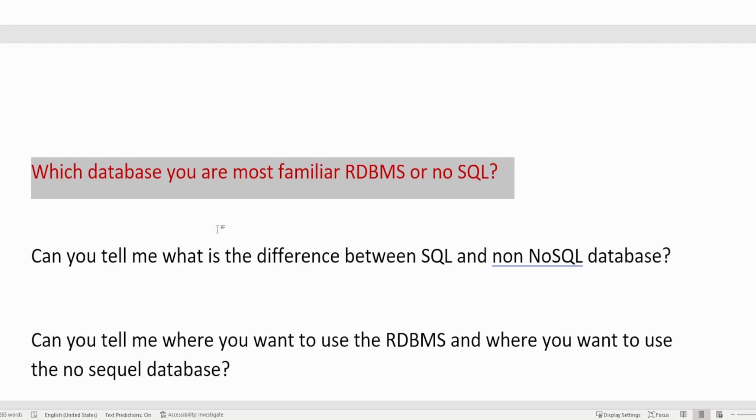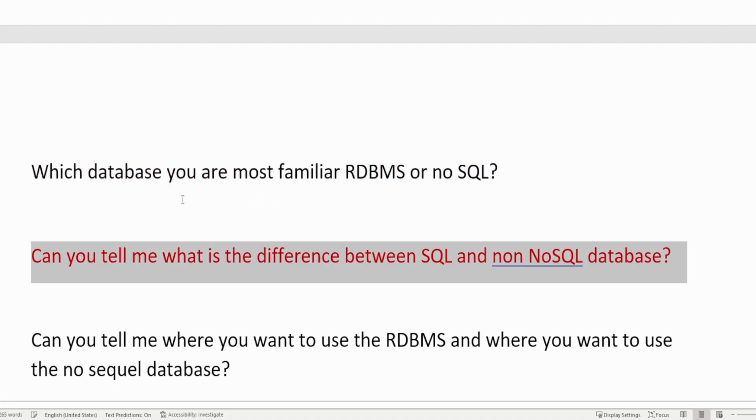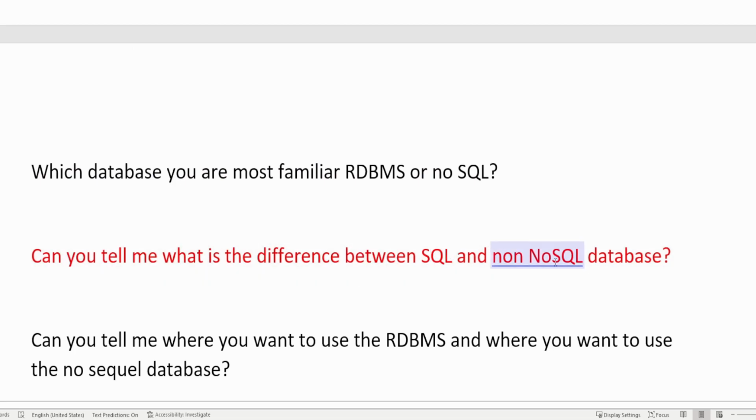In RDBMS we have tables, data, views, and relations between tables. But in NoSQL we don't have anything like that. We have collections, a kind of JSON format. So this is the main difference between SQL and NoSQL databases.